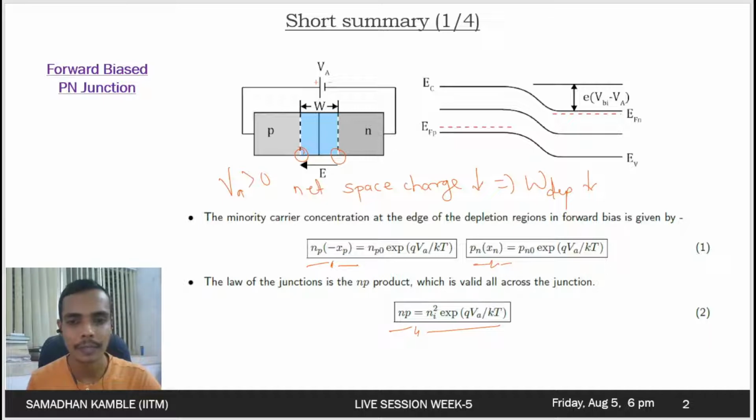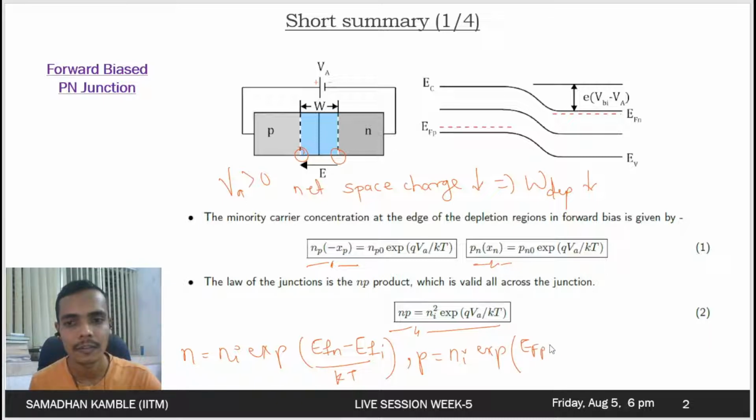N and P are non-equilibrium carrier densities, which as a function of the Fermi energy are given as n equal to ni exponential of (EFN minus EFi) by kT, and similarly p is given as ni exponential of (EFi minus EFP) by kT.